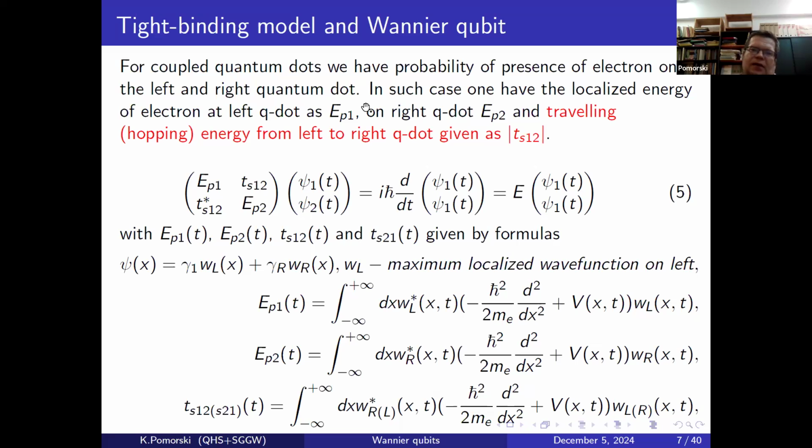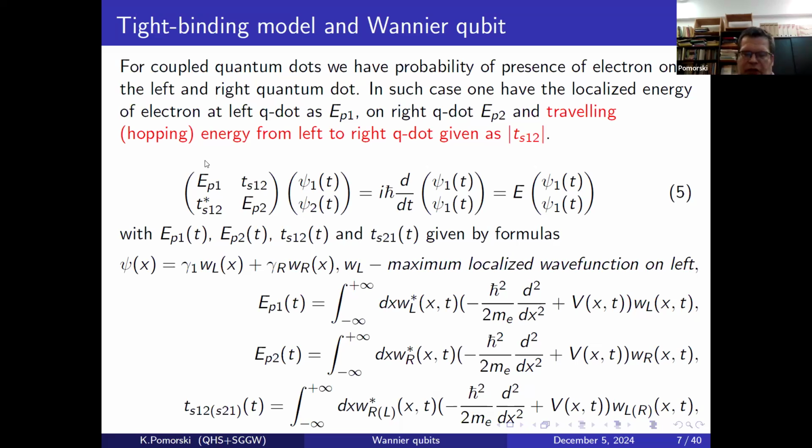Wannier functions are orthonormal, so left and right are orthogonal to each other, and they have the same properties as eigenenergy wave functions, basically. And there is a prescription how to compute it. So if you know already the Wannier function, you can quite easily compute AP1 and AP2 and the hopping term. That's how it is. All right, so let me move on further.